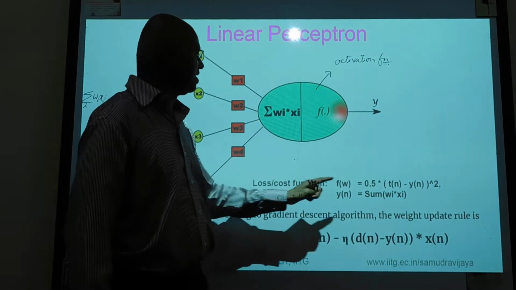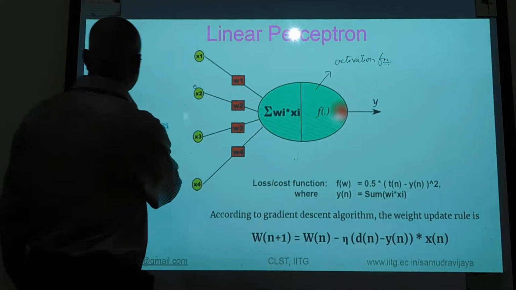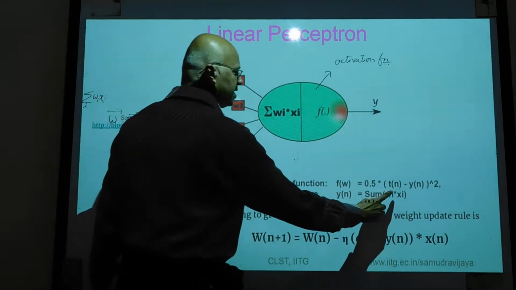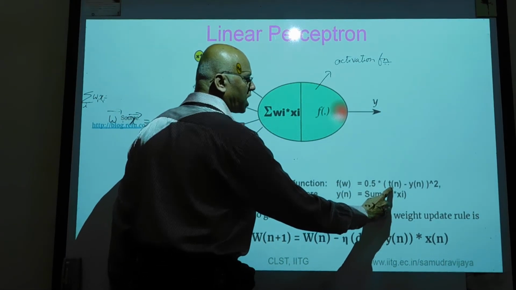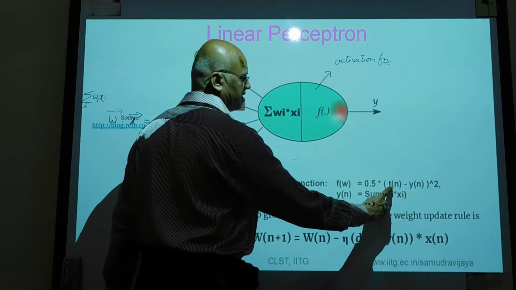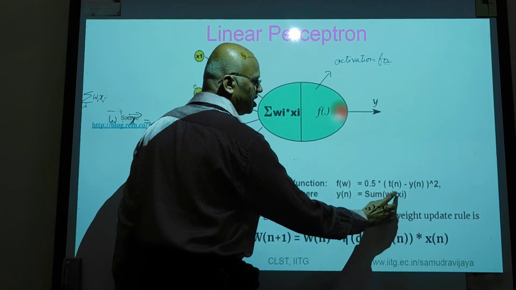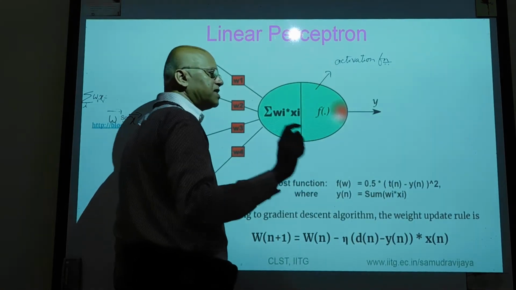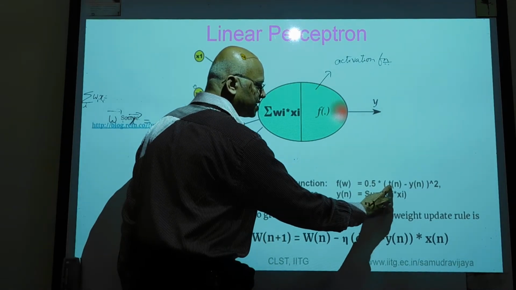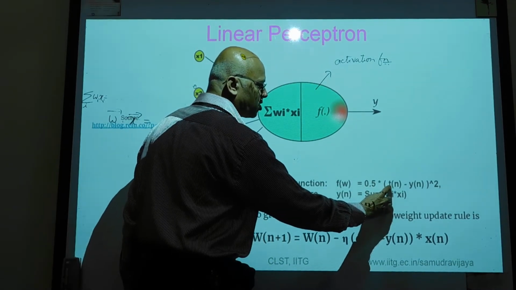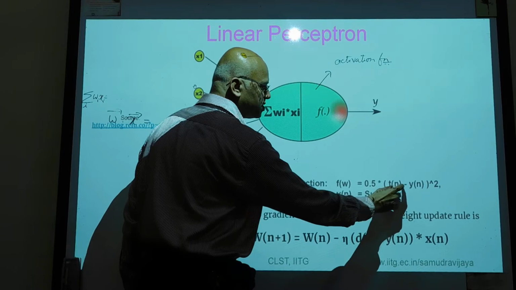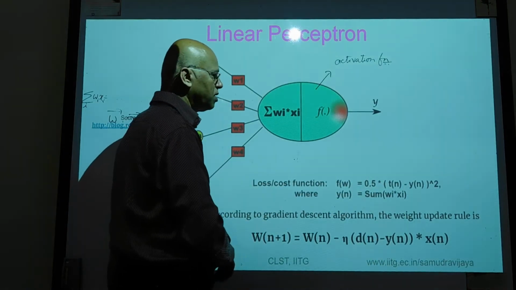Let's take a training example. Let's call the input x, and its desired or target output is t. The input is x of n, the nth training example. Its desired or target output is t of n, which is 0 or 1.